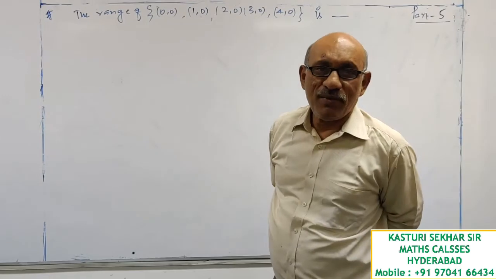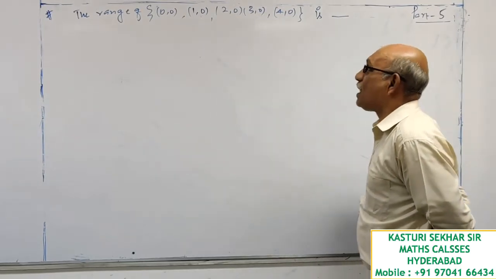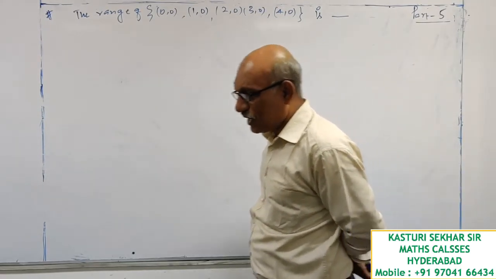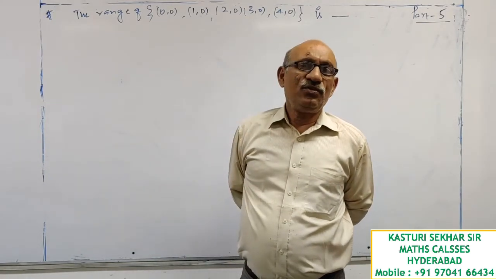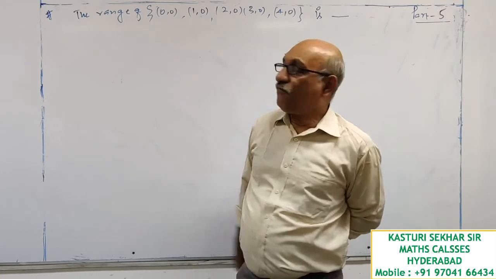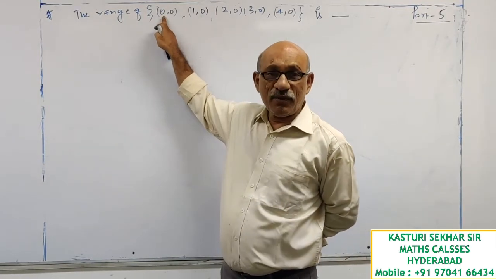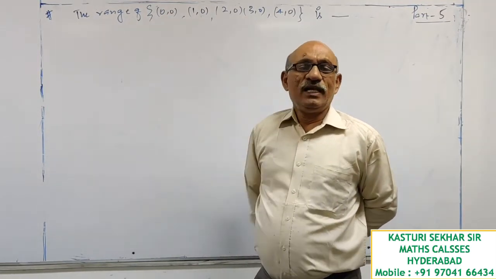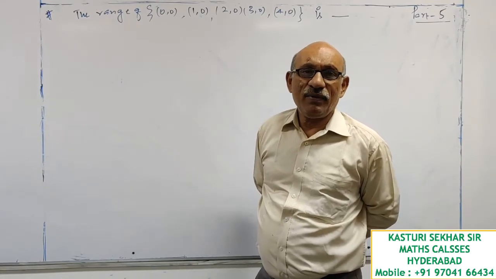When this way it is given, first number is input, second number is output. Or first coordinate of each ordered pair is input, then second coordinate of each ordered pair is output.